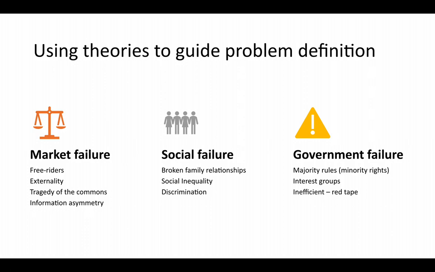And also you have social failure issues related to broken family relationships, social inequality, discrimination. This is especially true, right, between the majority and the minority. And the government failure is related to, if we follow the voting rule, the majority rules, then it may or may not undermine the minority rights. And you also have strong lobbying firms.